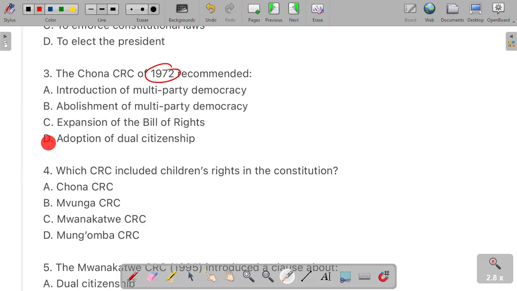D, adoption of dual citizenship? What's our correct answer? The Chona CRC recommended abolishment of multi-party democracy. So our correct answer here is B.